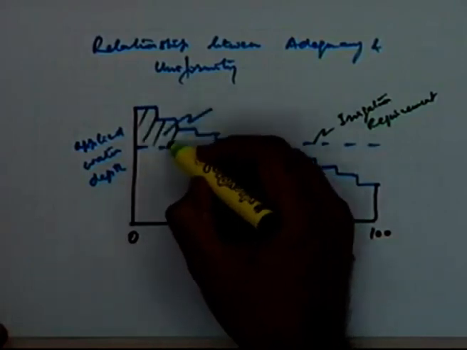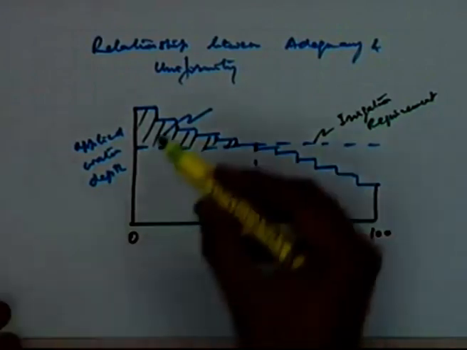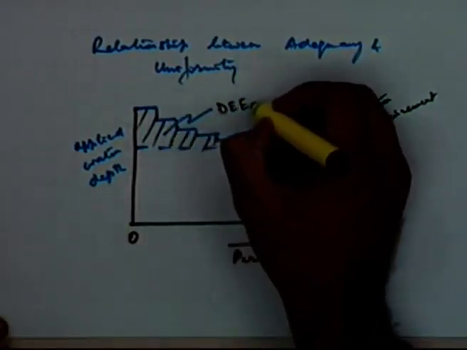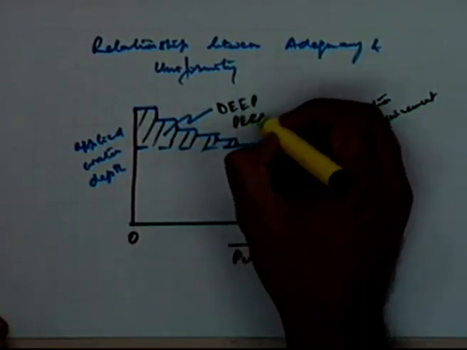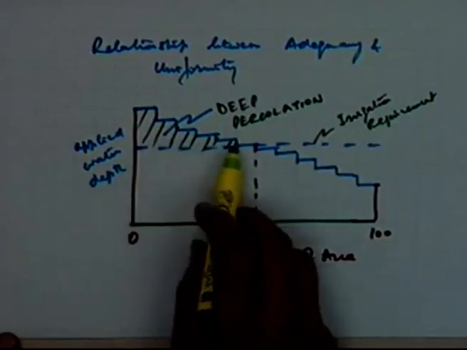If I shade this area, this is the area which is the deep percolation. We didn't want this water.